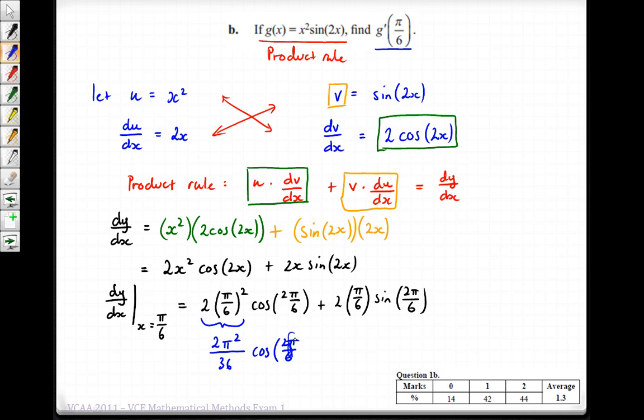I'm going to change that back right now to be pi on 3. And then we're going to add on to that pi on 3 multiplied by sine of pi on 3.